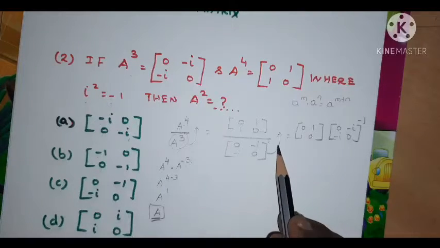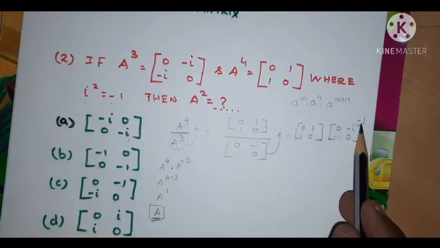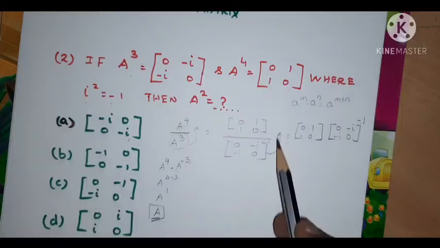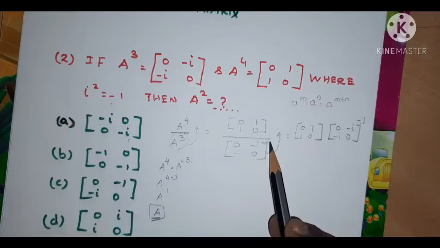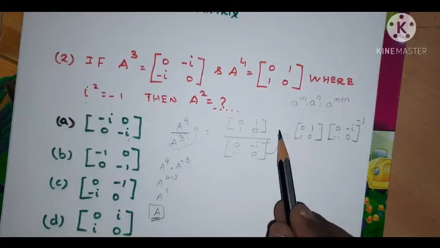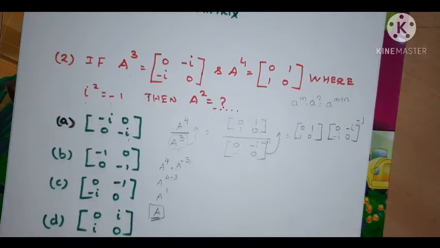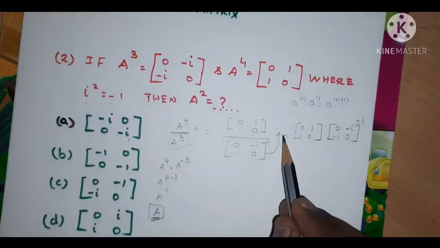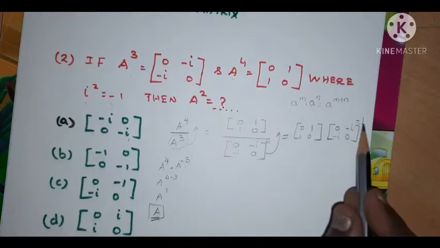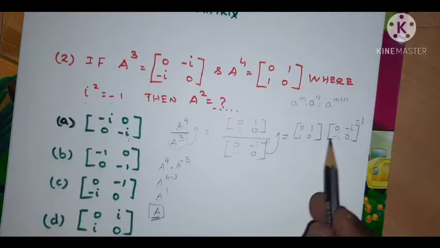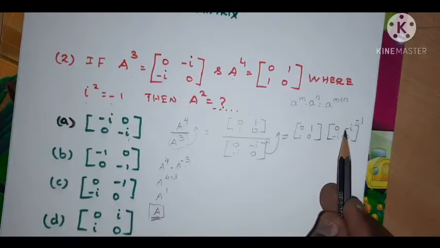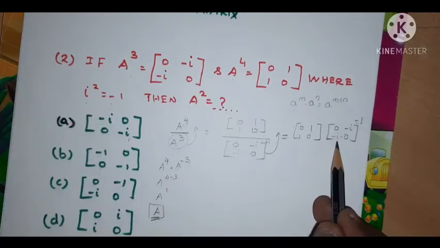When the denominator value comes to the numerator, the sign of the power will change: positive becomes negative, negative becomes positive. Here positive 1 is there. When it comes to the numerator, it will become negative 1, which we call the inverse, right? In a matrix, inverse is almost like transpose. So this matrix will be transposed, meaning rows will become columns and columns will become rows.